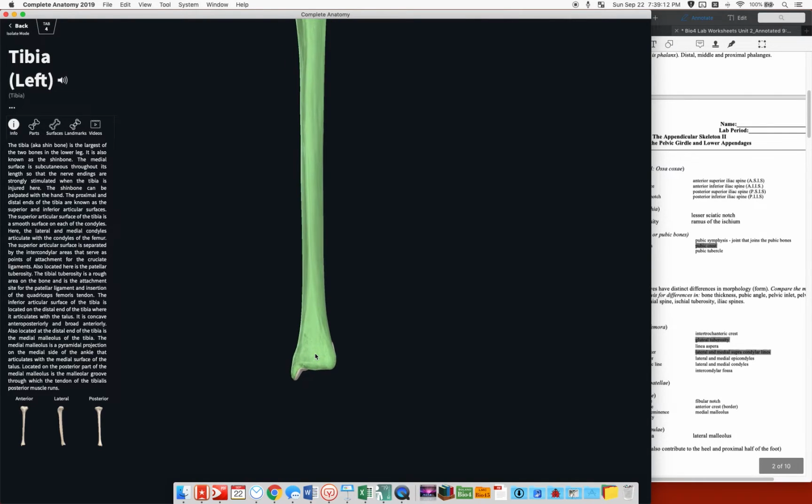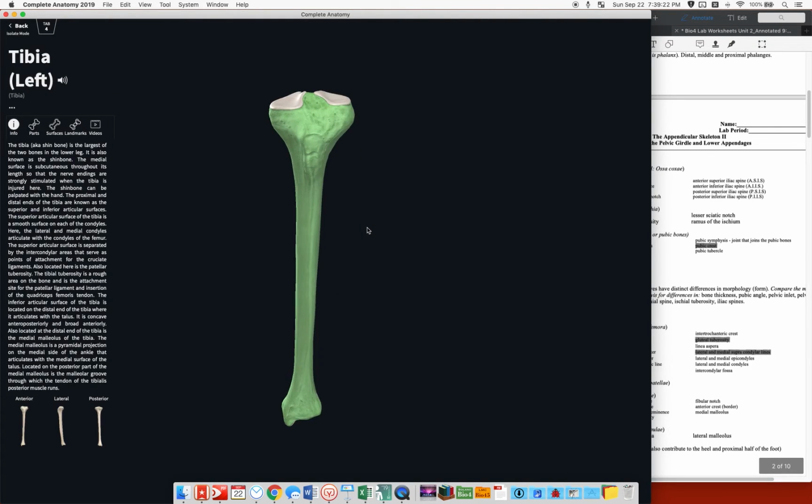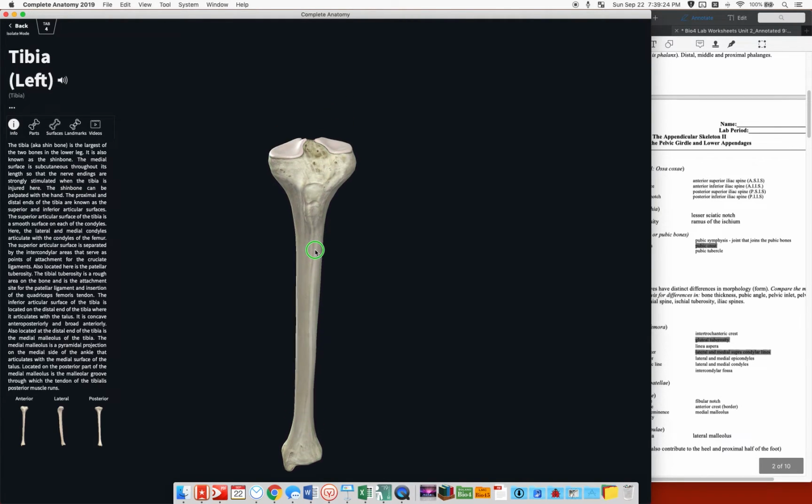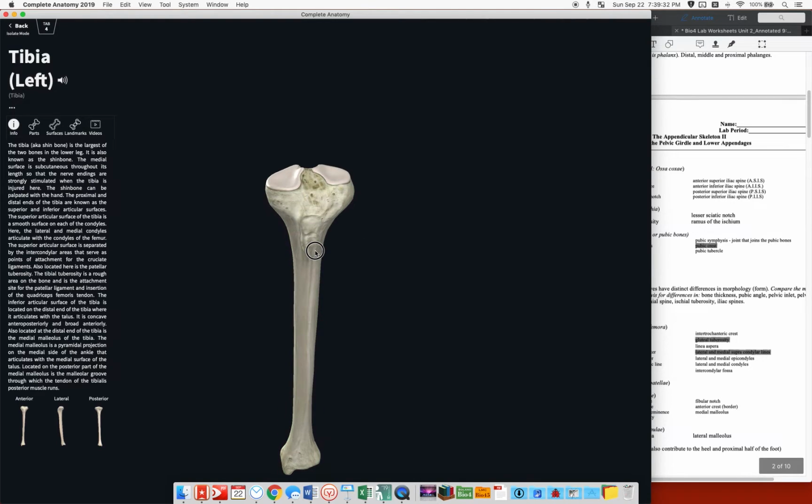In terms of the different landmarks, this is the lateral condyle, medial condyle. Condyles are these rounded portions. These are just the facets of the condyles. Lateral condyle, medial condyle.